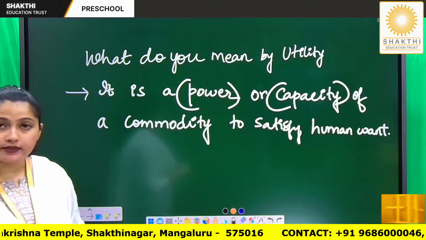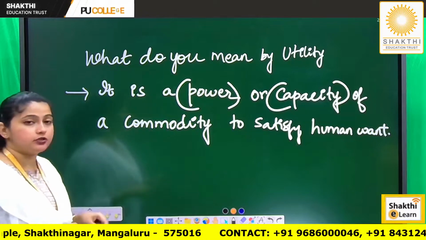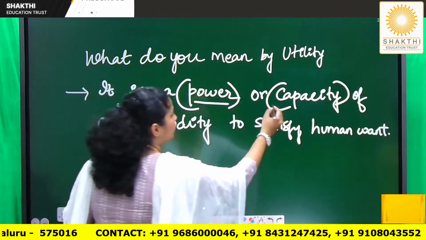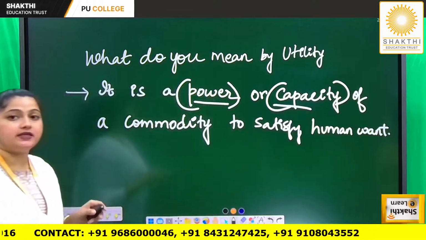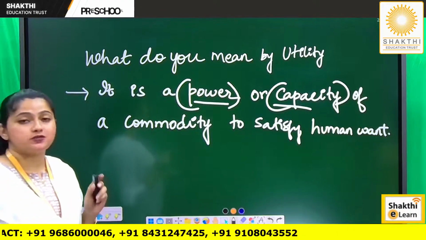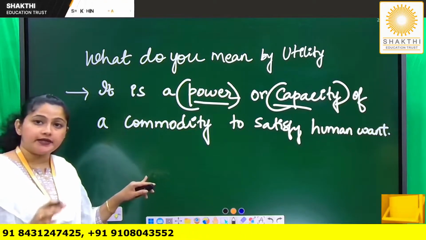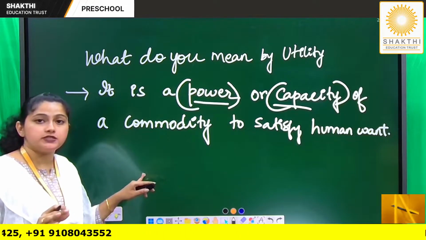That is the meaning or definition of utility. I repeat, you're supposed to give importance to these two words: the power or capacity to satisfy an individual's want. The power of a commodity to satisfy a human want is called utility.